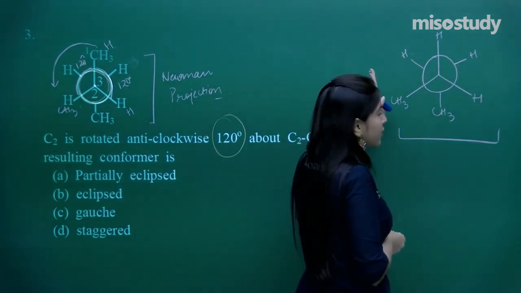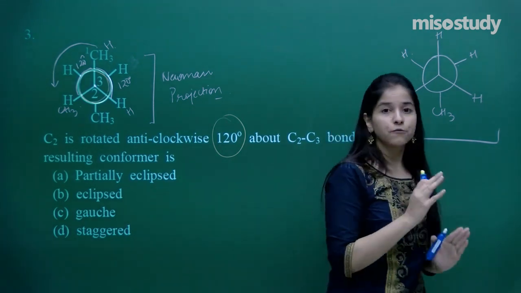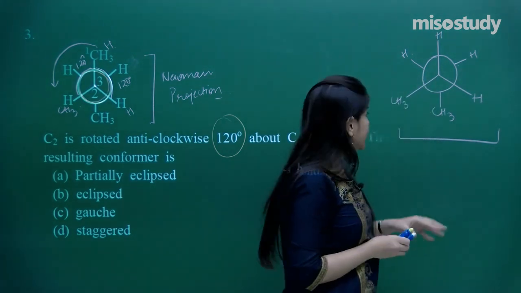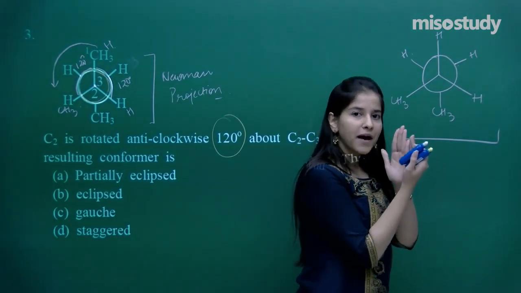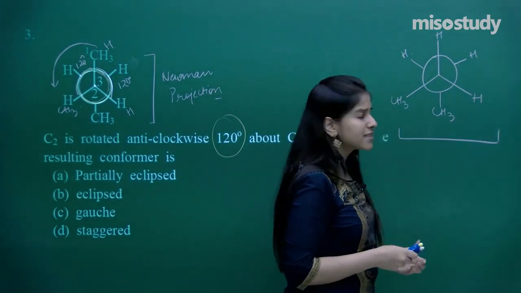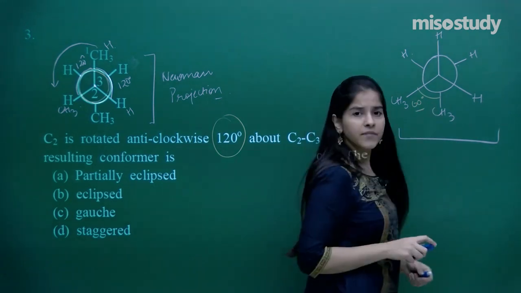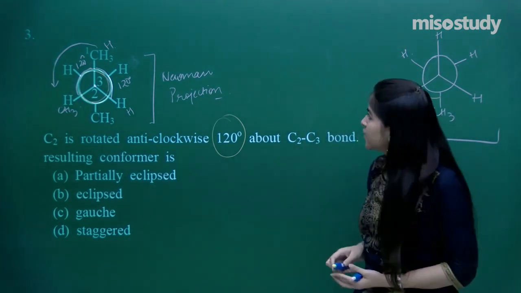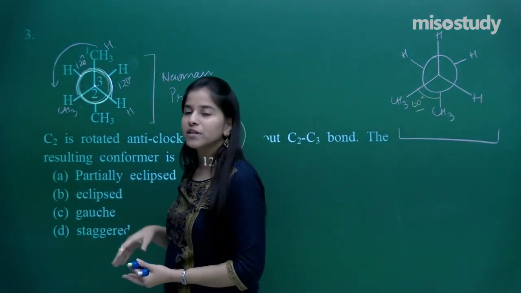Now, can you guess what kind of conformation it is? We all know what the fully eclipsed conformation is: when the bulkier groups are lying parallel to each other. Over here they are not parallel; they have a slight angle in between, that is 60 degrees. Also it is not staggered, because the conformation given earlier in the question was the staggered one.